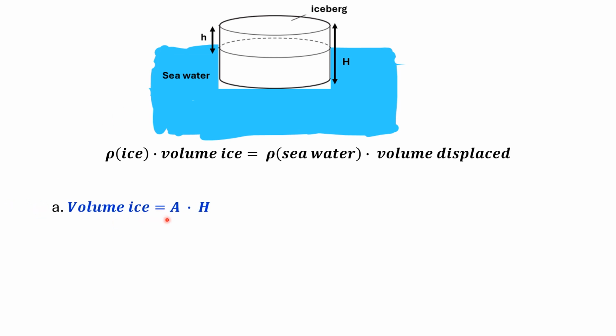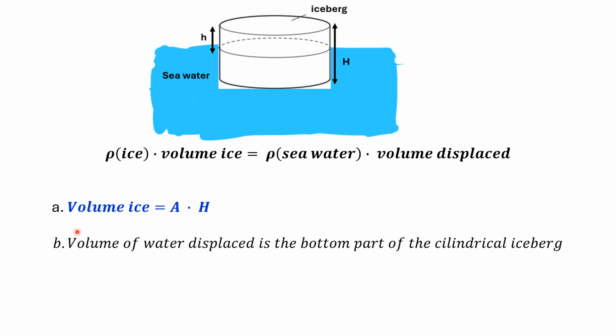The volume of the ice is the cross-sectional area of the cylinder times the height, which is the uppercase H. The volume of water displaced corresponds to the bottom part of the cylindrical iceberg, which is the cross-sectional area of the iceberg, A, times the difference of this height, because it's just the bottom part.